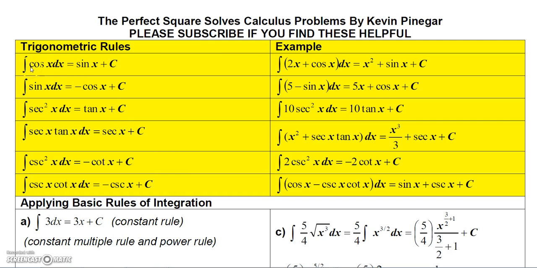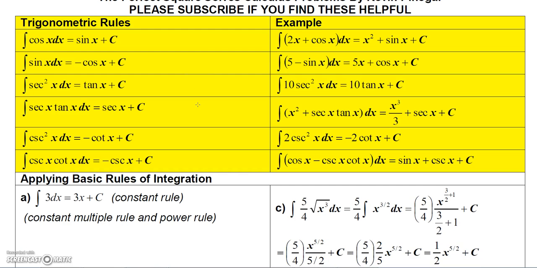We know cosine is the derivative of sine x, and we know sine is the derivative of minus cosine x, but we don't know what function has tangent x as its derivative per se, so that's why we don't have those formulas. But we actually will get those formulas later.